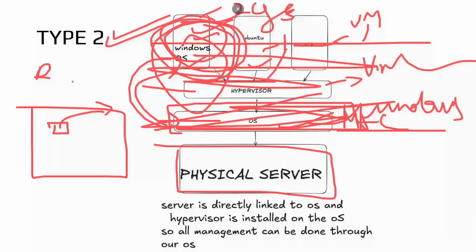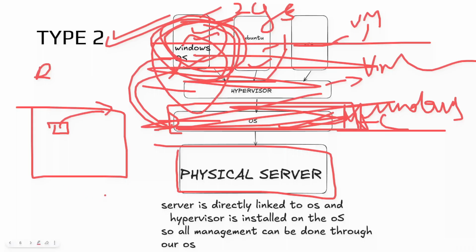So when we come to the container chapter, I will explain how containers work, and we'll see how containers and this type of hypervisor are in some way linked in one or two use cases. So this is type 1 hypervisor and type 2 hypervisor.